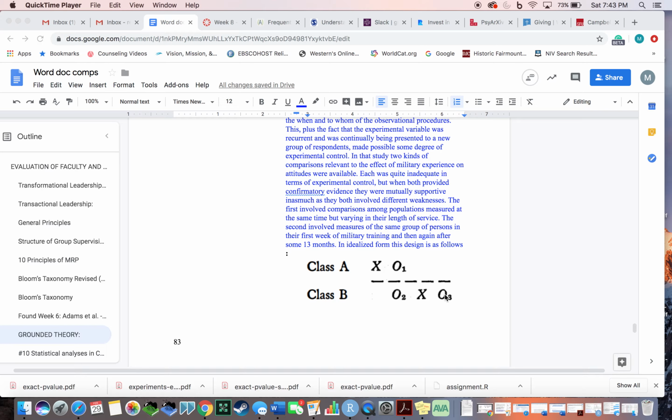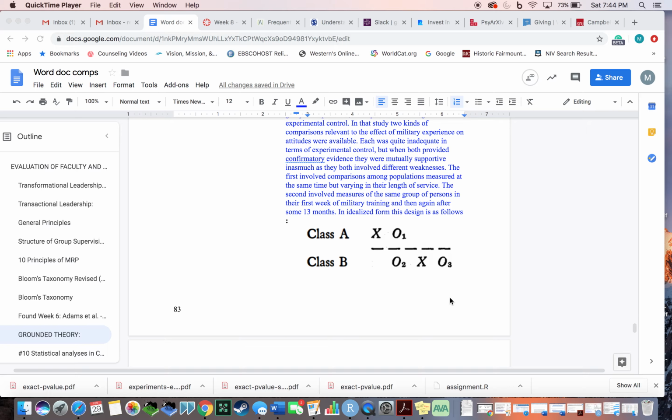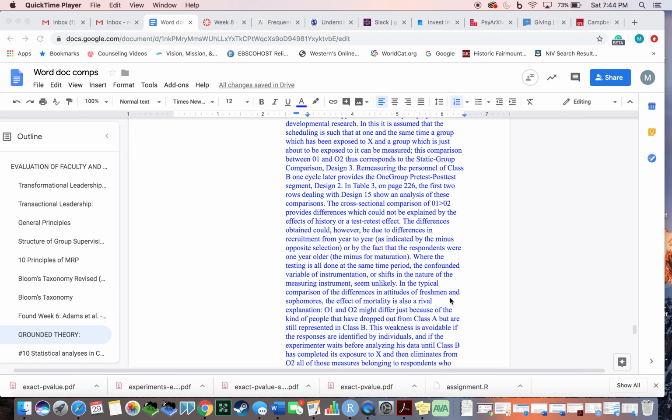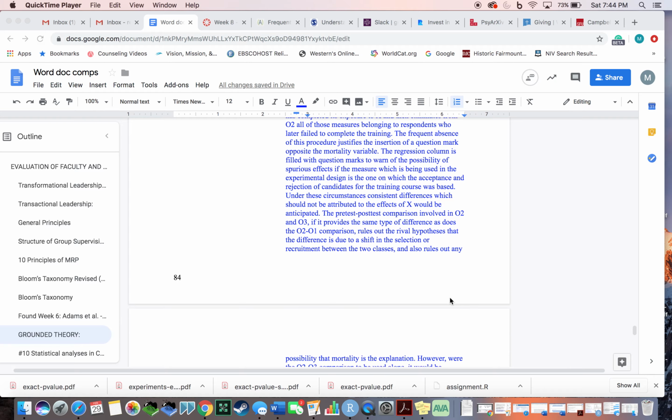And so we'd be able to compare O2 to O1 and then O2 to O3, in a sense, to get an idea how much our actual treatment is affecting the outcomes, okay?